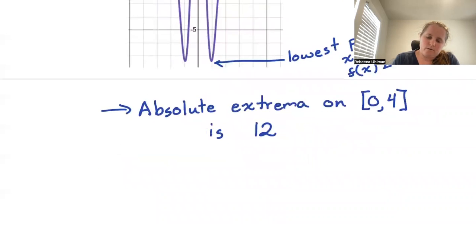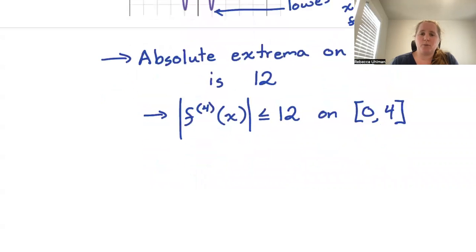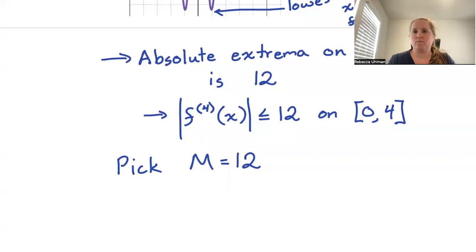And so we have that the absolute value of the fourth derivative of f of x is less than or equal to 12 on 0, 4. And so we can go ahead and pick M equals 12. Let me update my screen quickly.